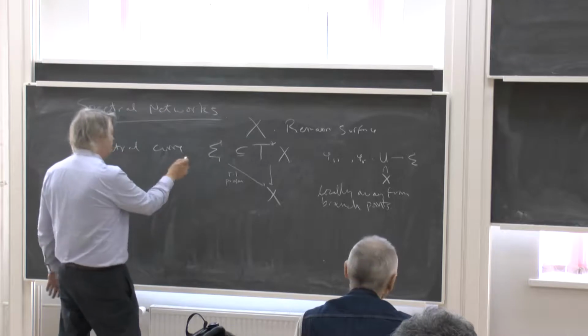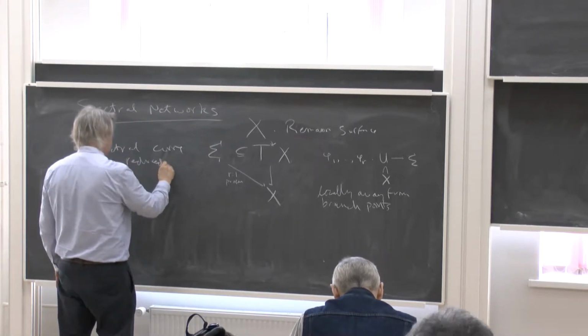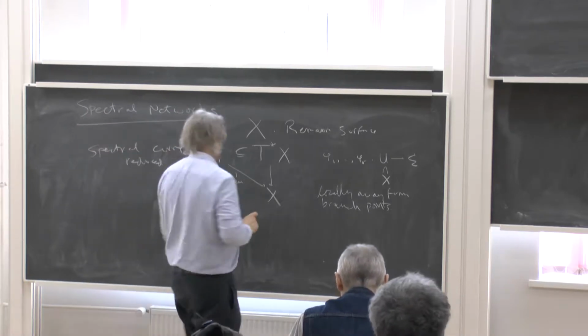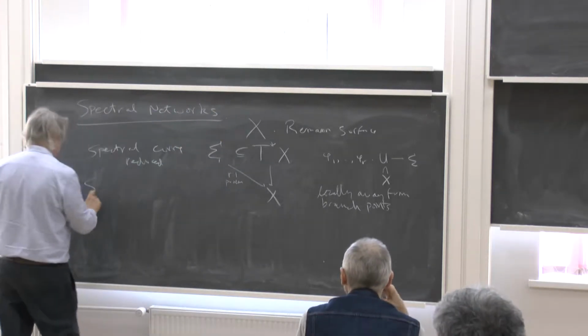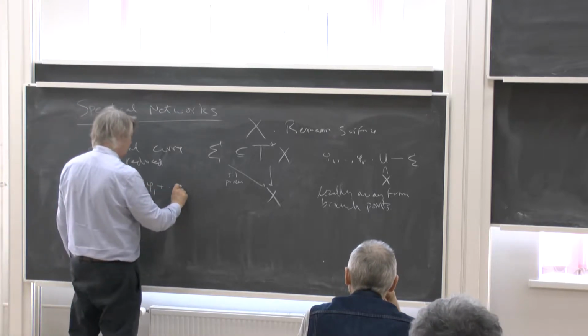Maybe we're assuming that this is reduced, and let's assume that we're working with the group SL R. That means that phi1 plus through phi R equals 0.